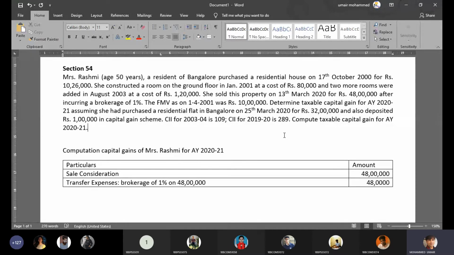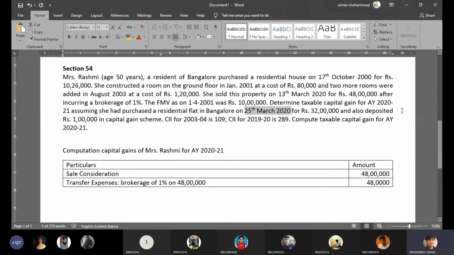If you're constructing, you can take 3 years. Here, the assessee sold the house property on 13 March and within a few days she bought a new property by spending 32 lakh rupees. So she has done everything as per section 54 and is therefore entitled to claim deduction under section 54. So we have to apply the provisions of section 54.